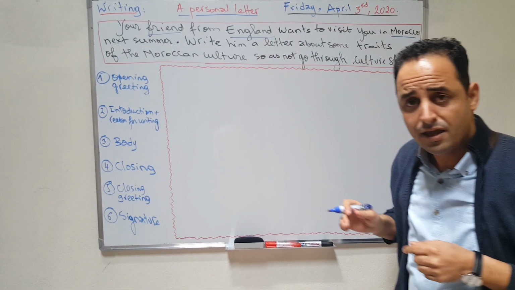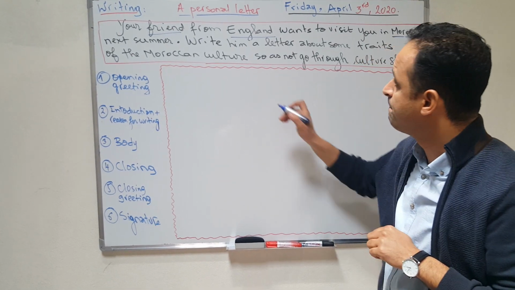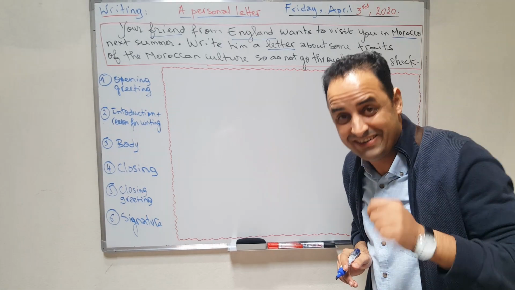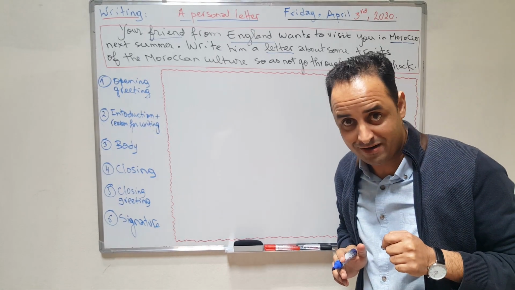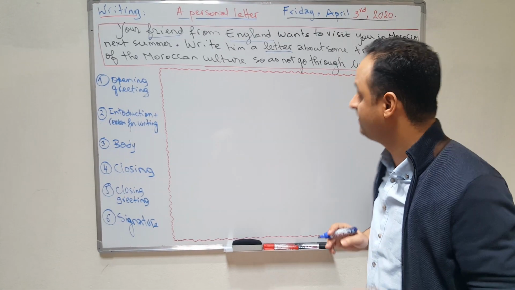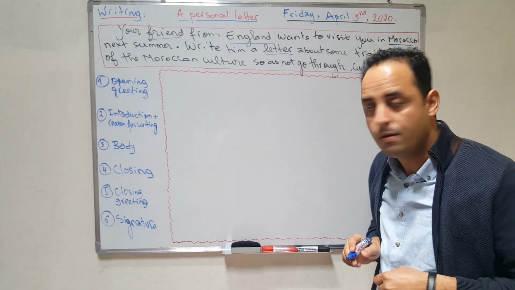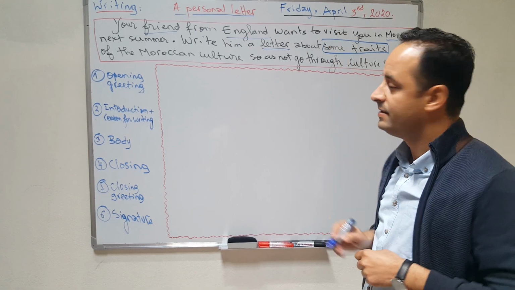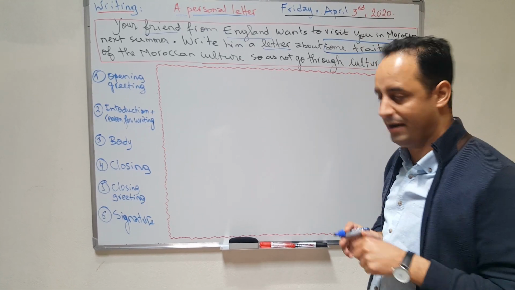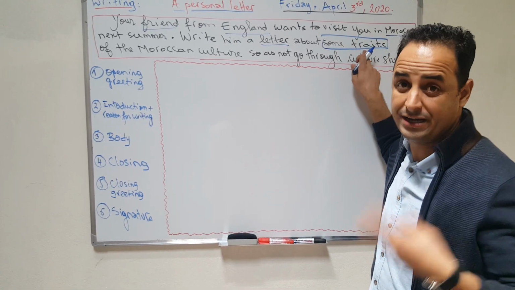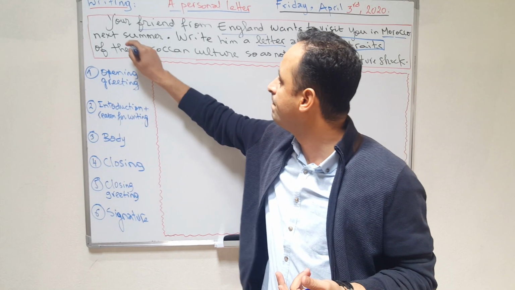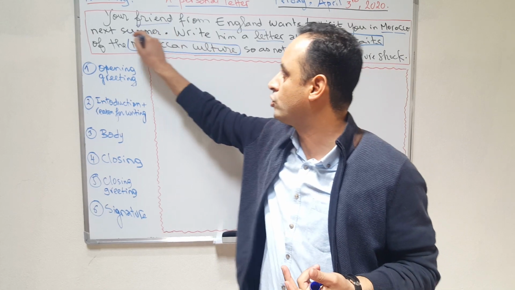Great. Another important keyword, letter. So I'm going to write a letter, not a paragraph, not an essay. It's a letter. To tell him about what? Some aspects, some traits. Traits means characteristics or aspects. Of what? Of the Moroccan culture.